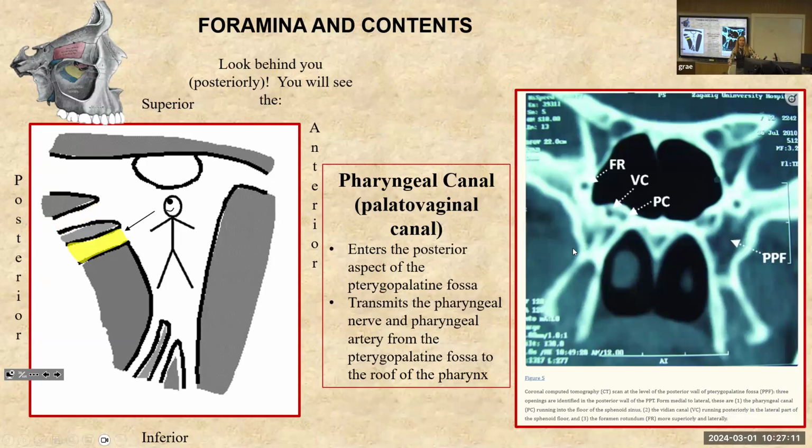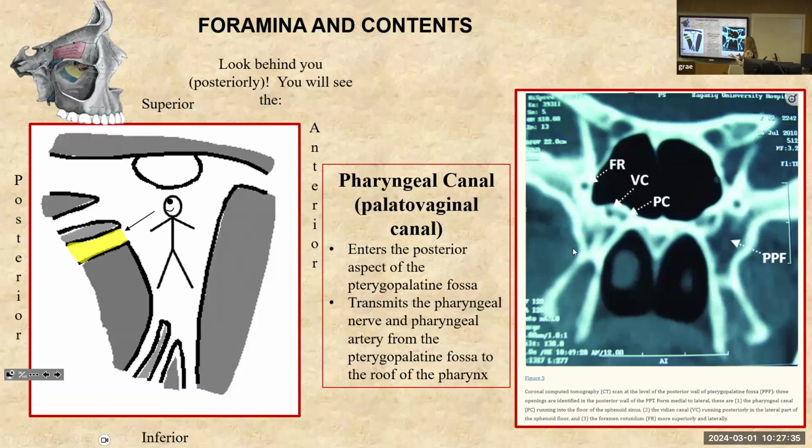I'll use that word a little loosely because it doesn't look like necessarily an entire hole, but I did find this CT image from this study that does show you this canal, which is called the pharyngeal canal. It's also sometimes referred to as a palatovaginal canal.